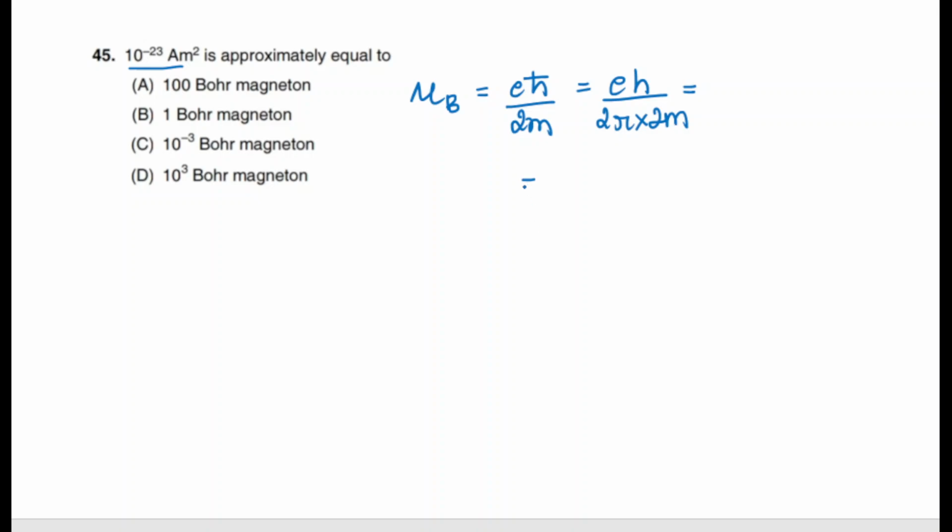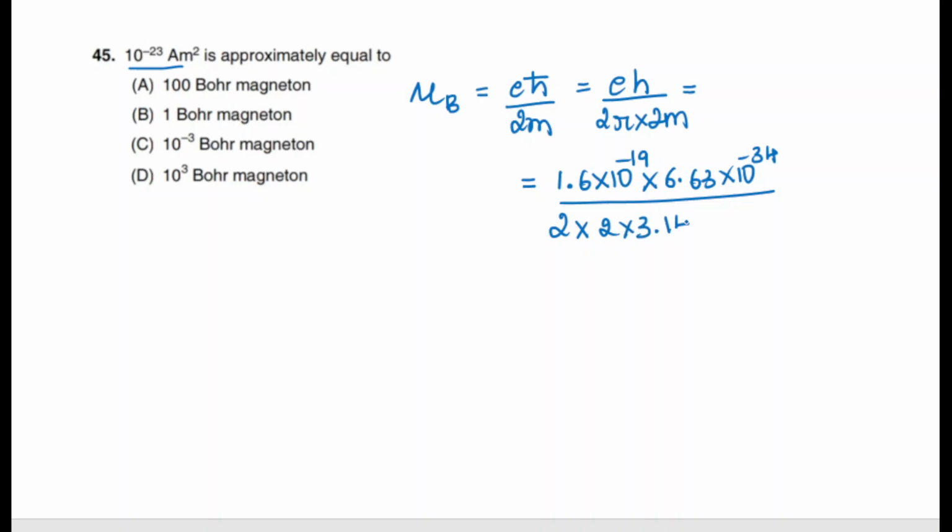After substituting, the charge of an electron is 1.6 into 10 to the power of minus 19 coulomb, Planck's constant is 6.63 into 10 to the power of minus 34 joule second, and here 2 into 2 into 3.142, and the mass of the electron is 9.1 into 10 to the power of minus 31 kg.